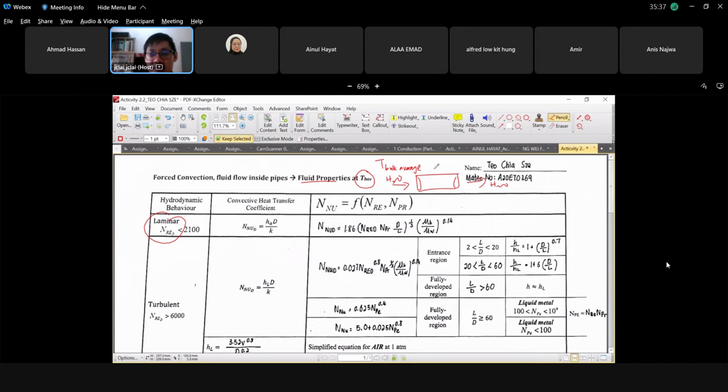Let's say the length is 5 meter. When it enters, the temperature T in is 30. When it flows out, T out is 60 degrees Celsius.